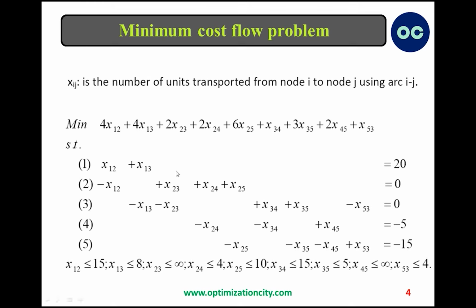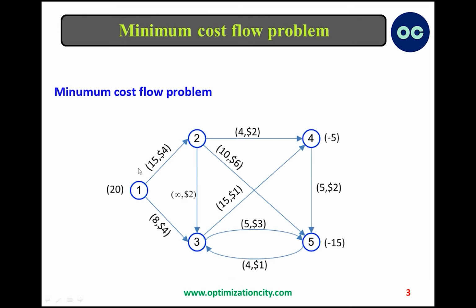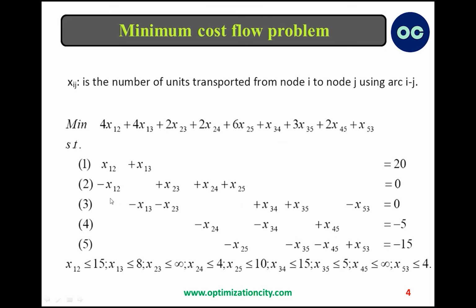The equation states that the combined flow leaving node 1, which is arcs 1,2 and 1,3, should be equal to the supply available at node 1. So you can see that two arcs leave this node: x12 plus x13 is equal to 20. This is the balance equation for node 1.